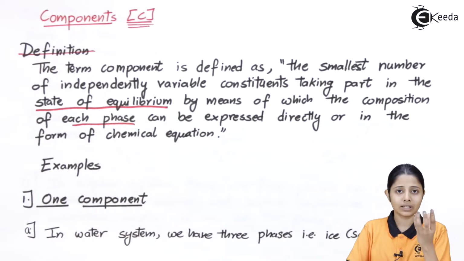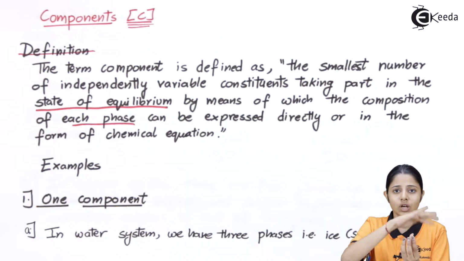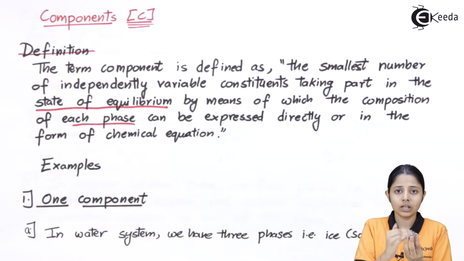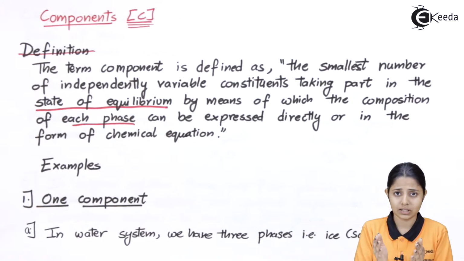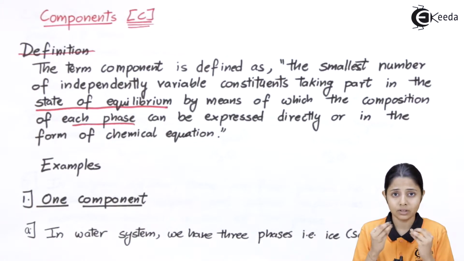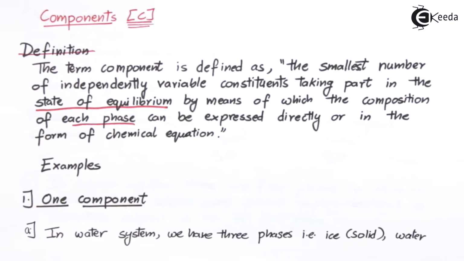For example, if you take that ice, you can see the solid form of ice, you can see the liquid around it, and also you can see the water vapors which are forming around it. So each and every phase can be seen distinctly. In some points, in some chemicals, you cannot see each and every phase distinctly, but you can prove that there were three or more distinct phases at that point of time with the help of chemical reactions.